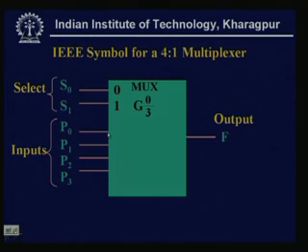So, this is one box where there are 6 inputs: the 4 are the basic inputs and these are the select lines. Select lines are also inputs, because I am applying my control signals to them, and there is one output line.